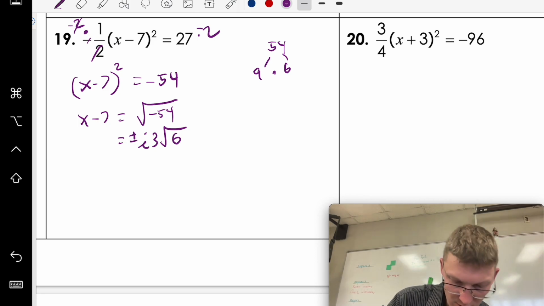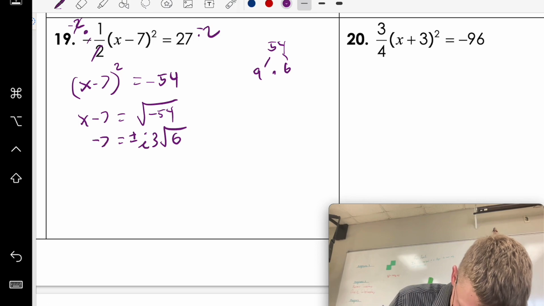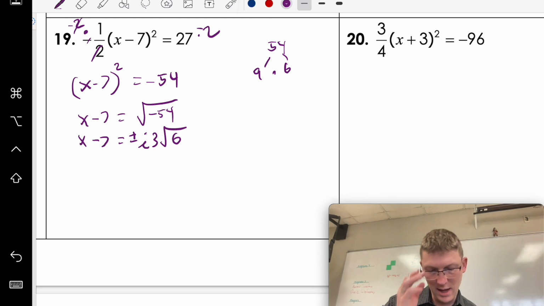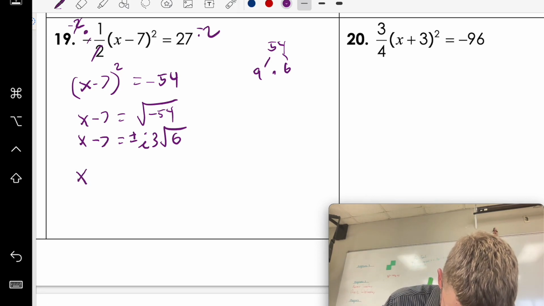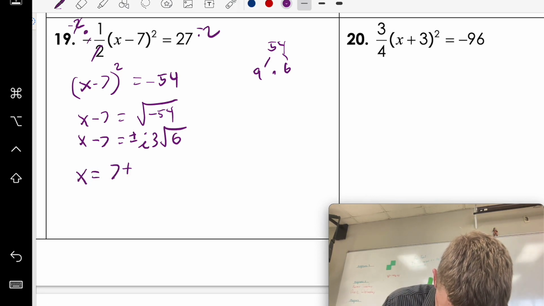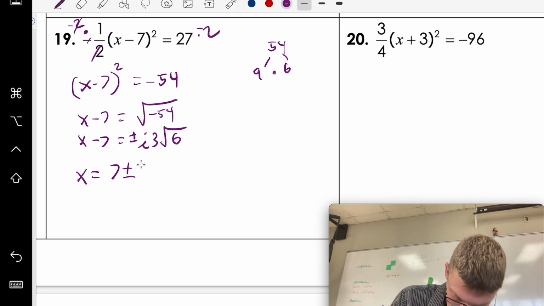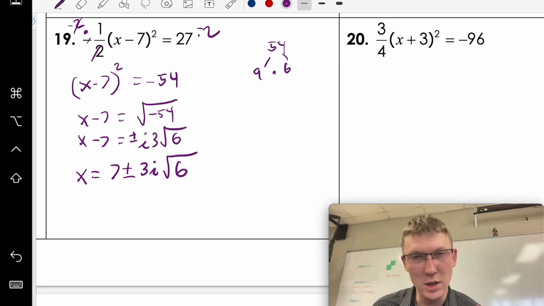Don't forget our plus or minus. And then good note keeping, just bring in the left side, haven't touched it yet. Now we're going to move the 7 over. We've got x equals 7, plus or minus, and I can switch my 3i around just because I'm a good mathematician.